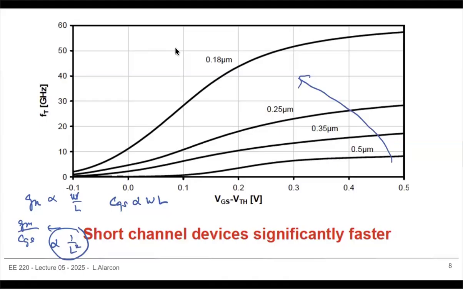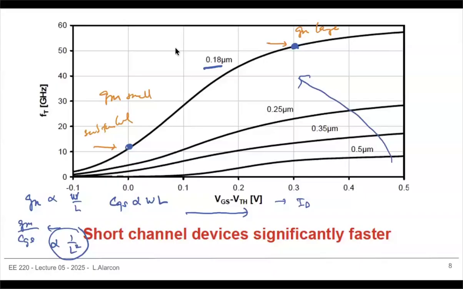But notice again here, and you'll see this in your homework, once you change the bias, and that just means I'm changing my drain current, I can go for this particular technology from here all the way up to here. And this is the reason, if I bias it here, then I'm in, for example, subthreshold, where if I bias it here, then I'm in super threshold. And as you would imagine, the GM here is small, while the GM here is large.